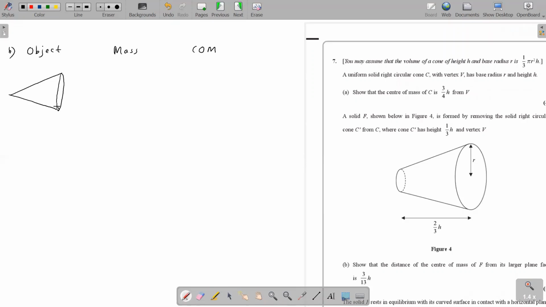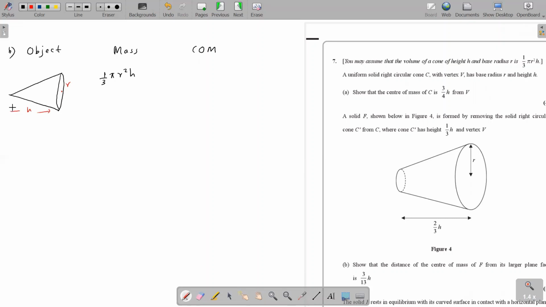So what's the volume? Volume of the cone is 1 over 3 pi r square h. Are there any substitutions to do here? You can put a rho, the density, but just the mass, yeah, it's enough. Okay, so 1 over 3 pi r square h. Mass is proportional to volume, and r and h are correct, yeah. So radius is r, height is h.